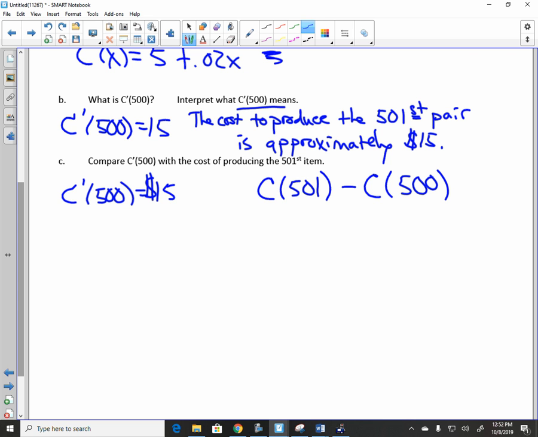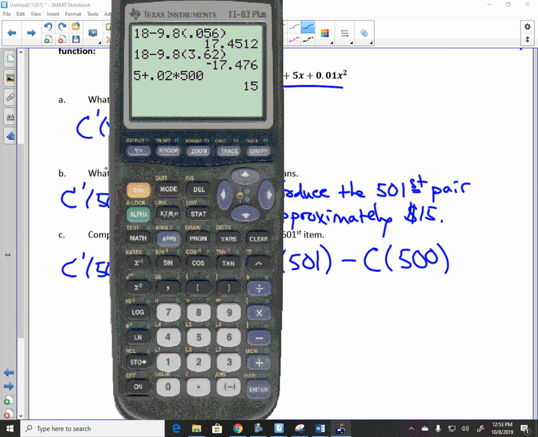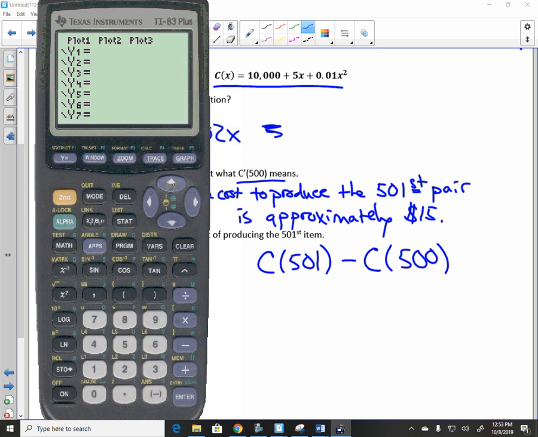I can figure that out by simply plugging 500 into my original function, right? So that's the last thing we'll do. I'm going to make life easier on myself and go into y equals and type in 10,000 plus 5x plus 0.01x squared. Where do you think I'm going now? My table, which is totally legit on your AP exam for about half of it. I delete, delete, delete, and I'm going 501, and I'm going 500.